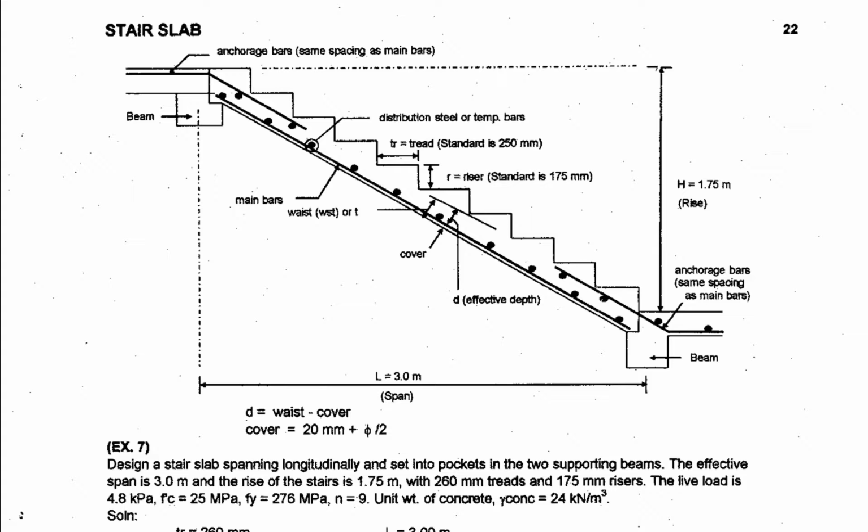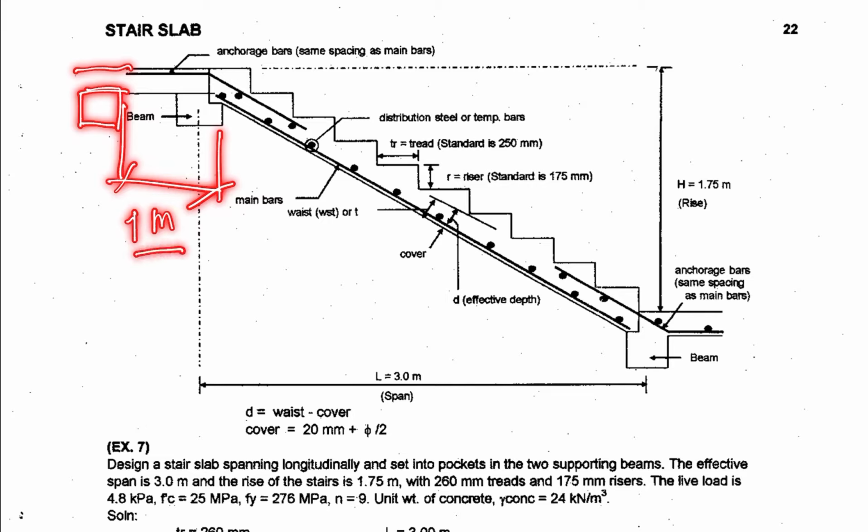Okay, so you have there the anchorage bars with the spacing as same as with the main bars. Then you have the beam, or sometimes the beams are located here. So you have approximately 1 meter distance for the stair slab.